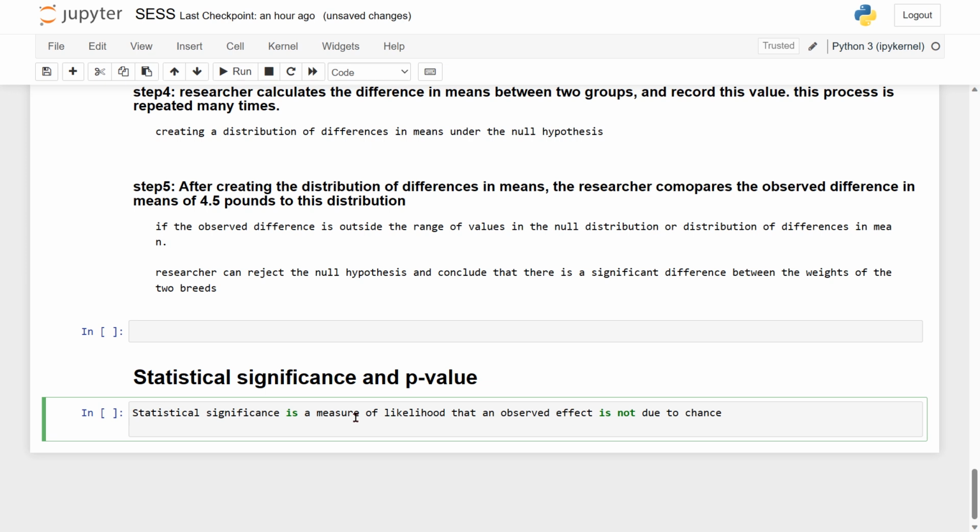Now the p-value is often used as a threshold for determining the statistical significance.